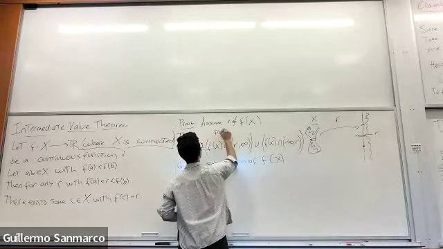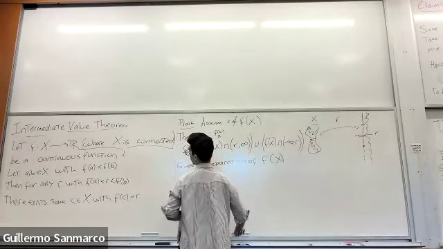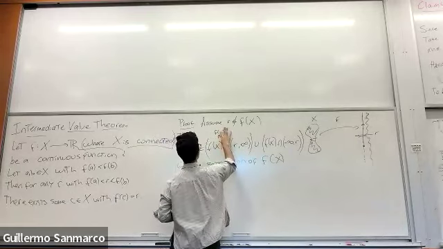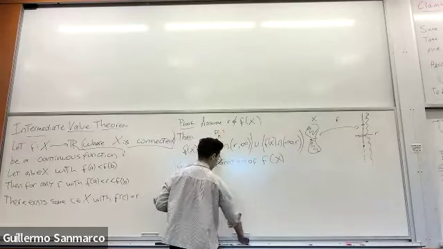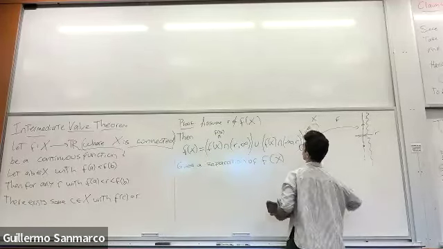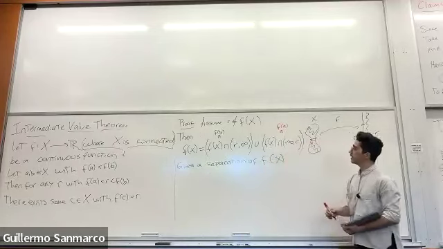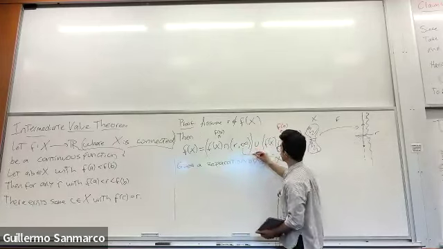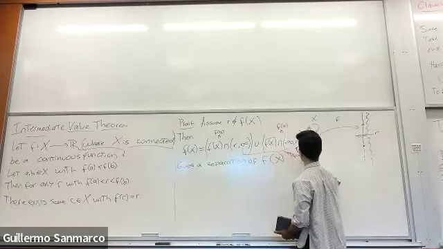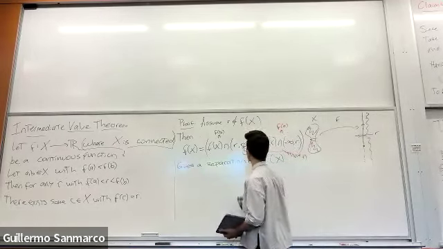Maybe we can say something very easy. f of A lives here, so that guy is not empty. No, that should be f of B is the one that's smaller than this guy. So f of B lives here, f of A lives here. That means these two guys are not empty. They intersect trivially because these guys intersect trivially. And both guys are open.